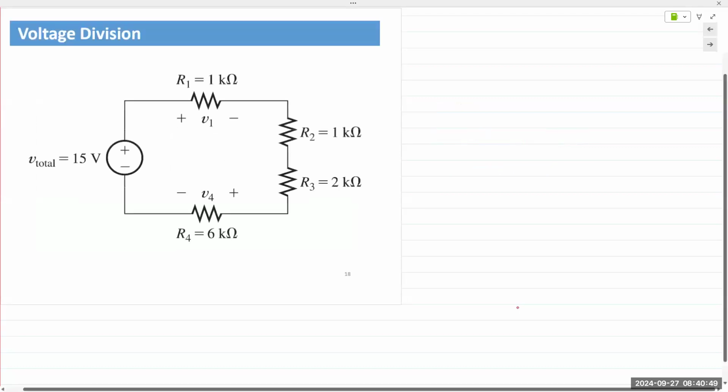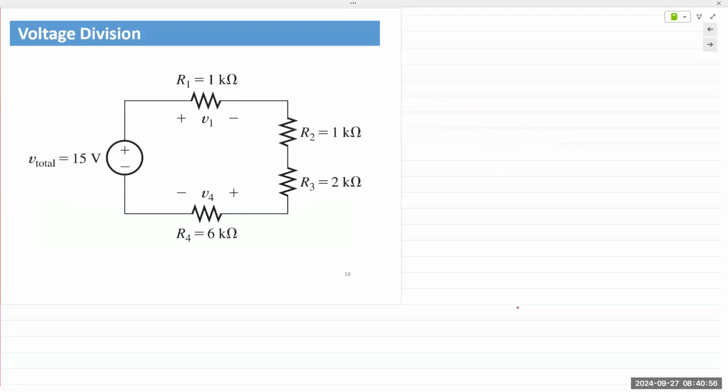Okay, so people remember voltage division, current division, fully, right? It's an example, but voltage division, again, derived from Ohm's law. Simply stated, when you apply a single voltage across a series combination of resistors, a fraction of that supply voltage appears across each resistor.